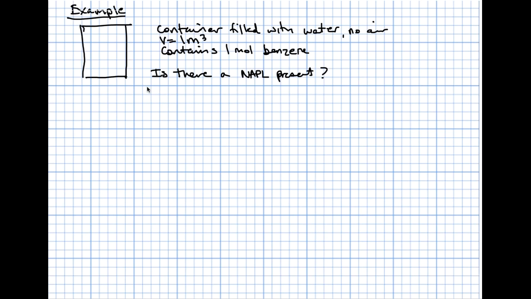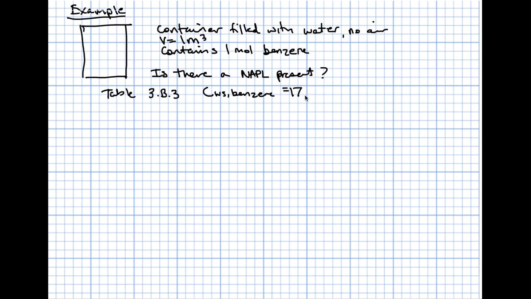So your book also provides you with a table listing the water solubilities of some common compounds. So you can look up in table 3B3 and find that the water solubility for benzene, it's for 20 degrees C unless otherwise specified, and that the water solubility is a little bit less sensitive to temperature.